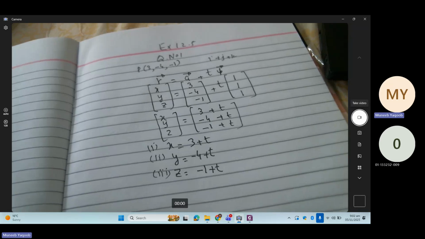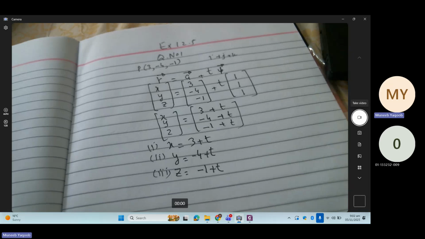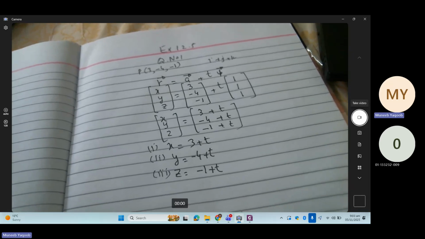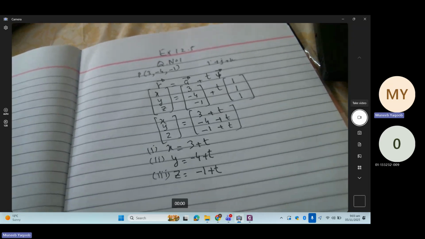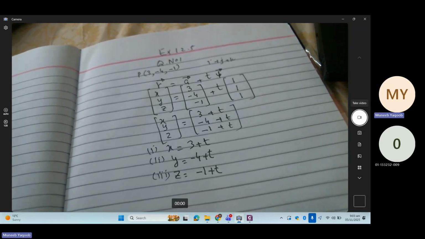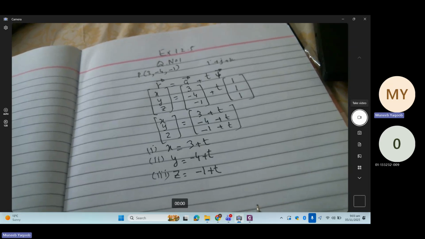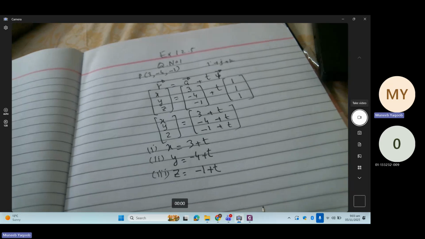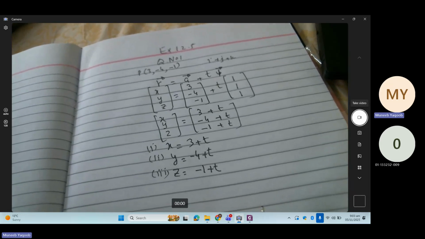Okay, so this is how we write equation of a straight line using vector analysis. We can always write equation of straight line using Cartesian equations, but since this is a chapter related to vectors, here we are basically learning how to write vector equation of a straight line and how to deduce parametric equations from that vector equation.